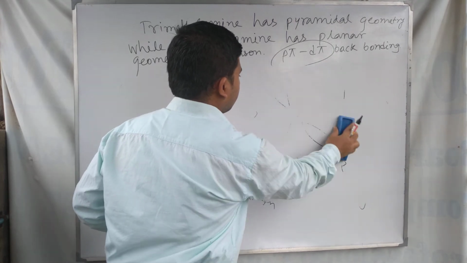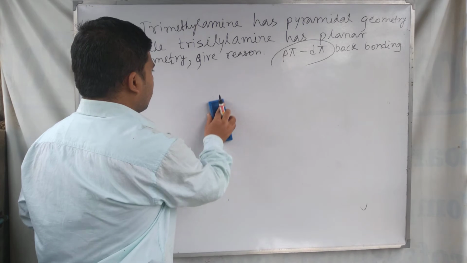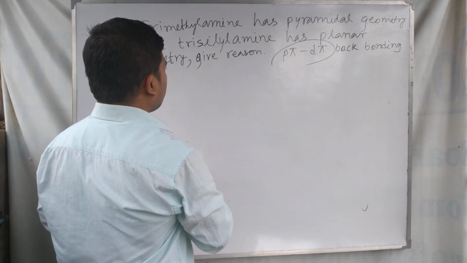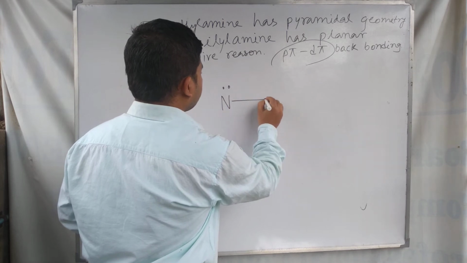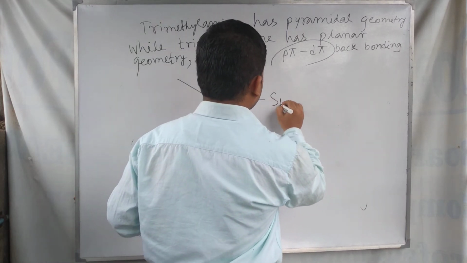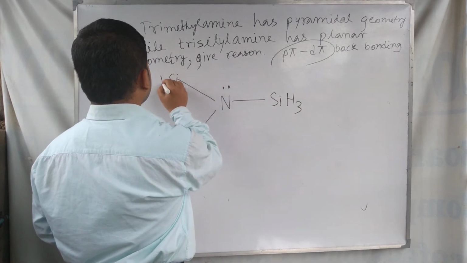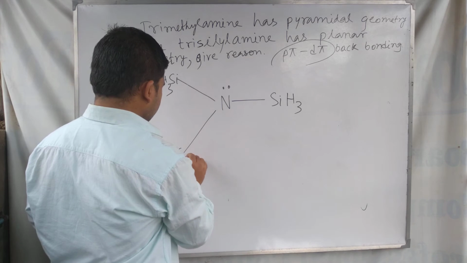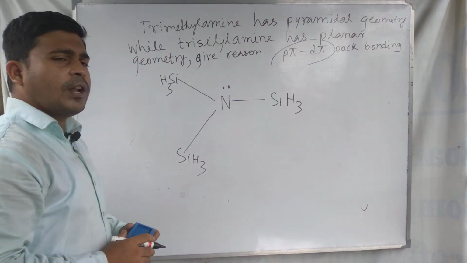We again draw this structure of trisilylamine. In case of trimethylamine, this is not formed, but in case of trisilylamine it is formed. This is the structure of trisilylamine.